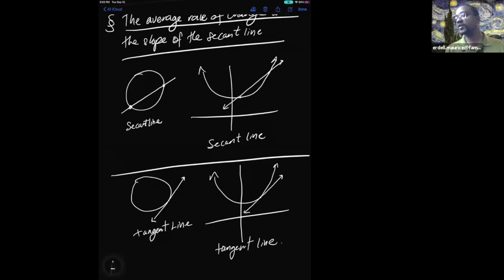So when the topic says the average rate of change and the slope of the secant line, I'm making sure we understand what the secant line is. Later on, we're going to talk about the slope of the tangent line a little bit, but we start here.